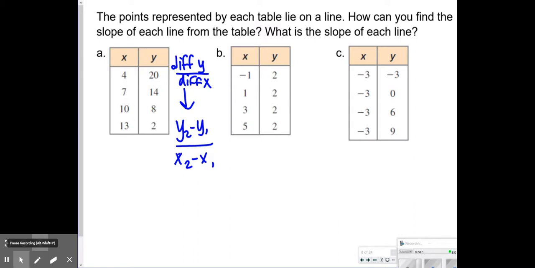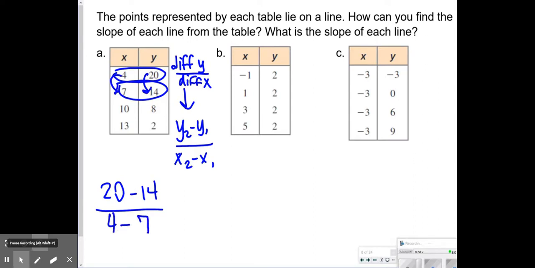So what I like to do is just pick the first 2 points, or 2 easy points, and then subtract them. For letter A, I would pick the 2 y's, 20 minus 14, and then using that same order, if I did top minus bottom, I'll also do top minus bottom here, 4 minus 7.